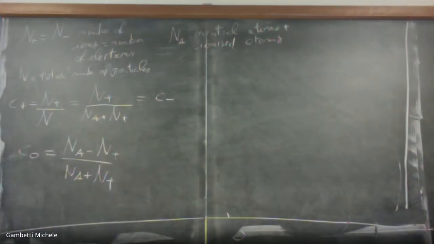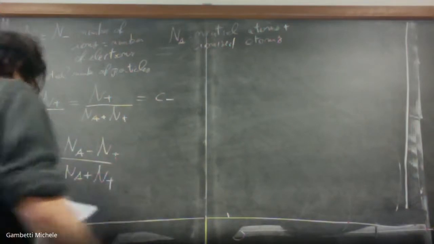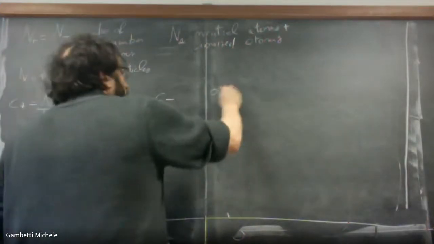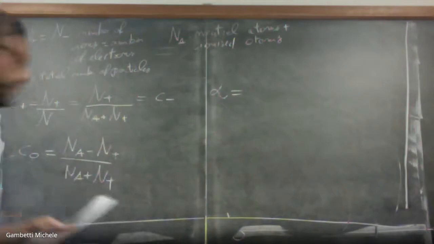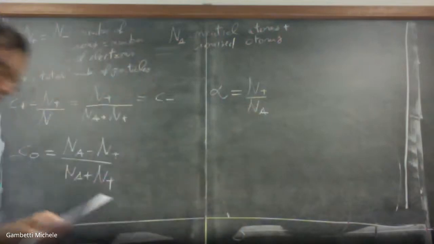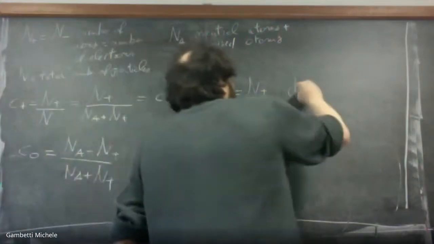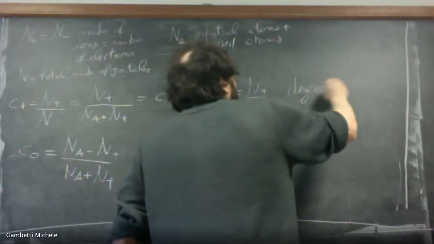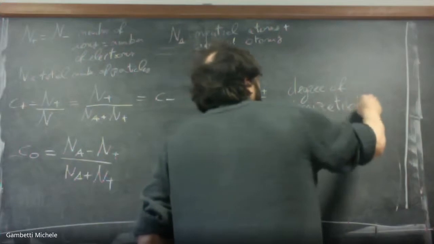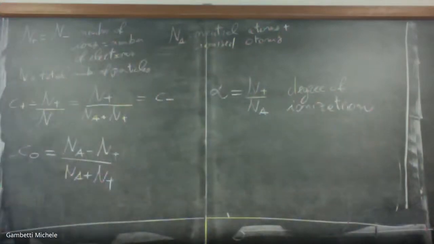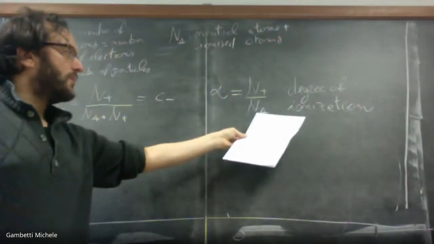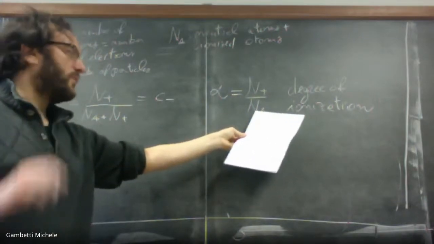And then let me introduce alpha, which is the ratio between N plus divided by Na, and this is the degree of ionization, which is the ratio between ions and total number of atoms.